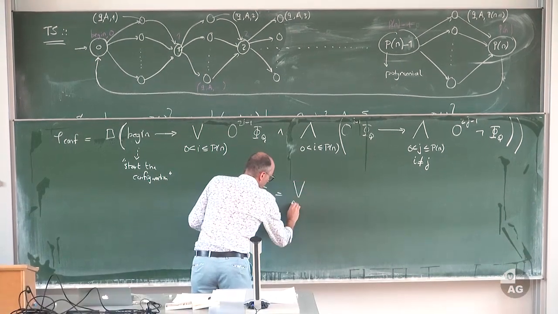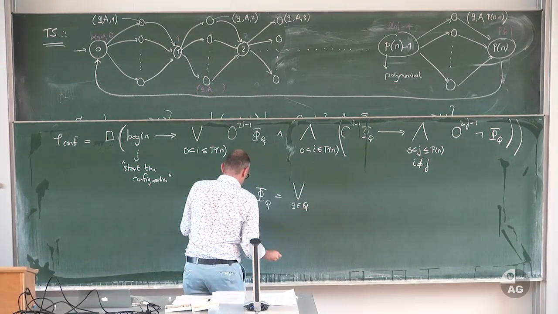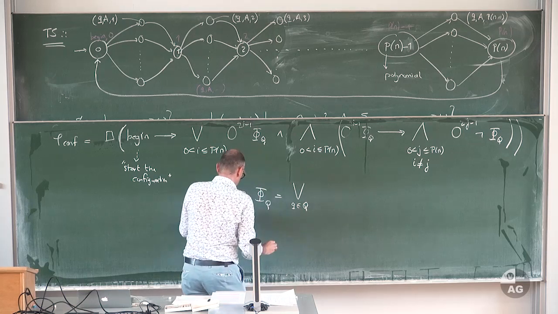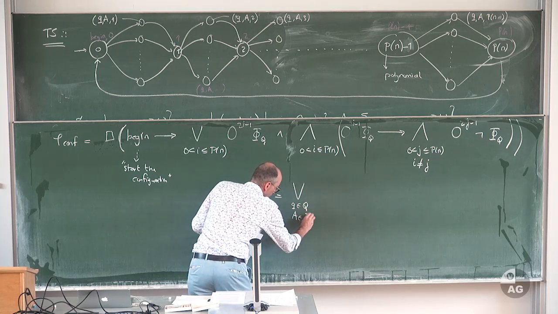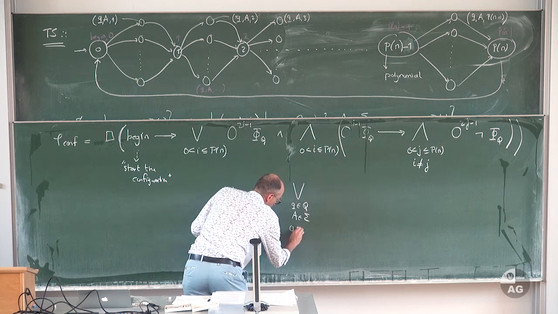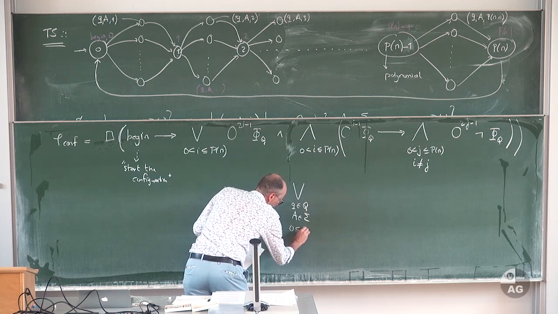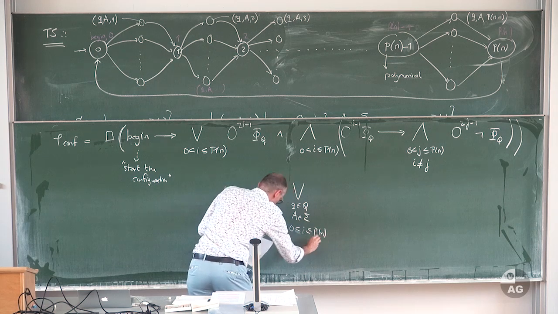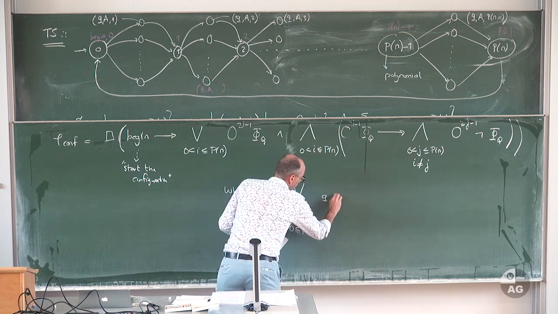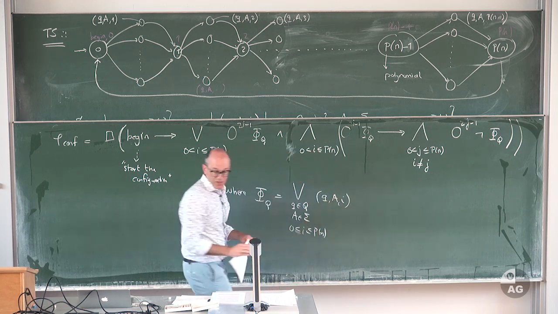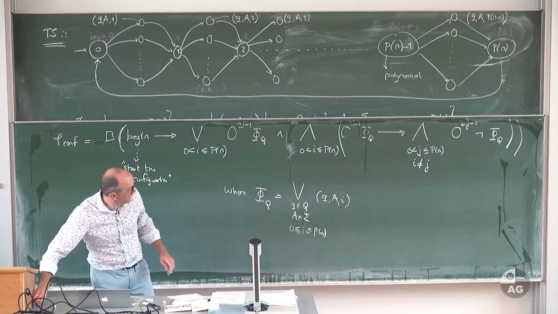It is the following thing. Q belongs to Q with some input symbol sigma and some i at most p(n) of (q, a, i). What is the crucial part in this formula?